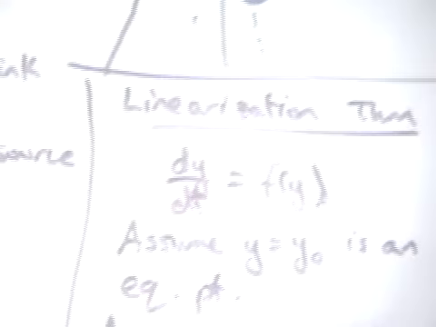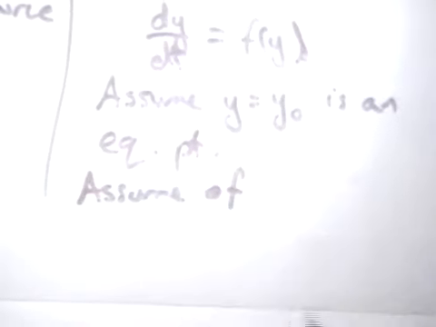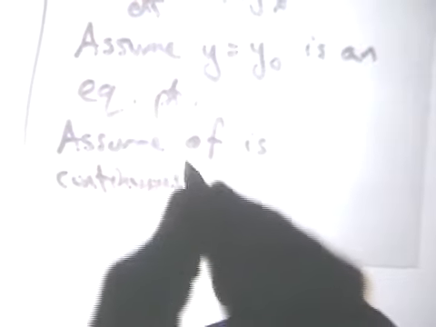We need to assume our function g is extra nice. All right? The technical assumption is phrased like this. We assume, oh well, I guess down here is the function f. Assume f is what's called continuously differentiable.